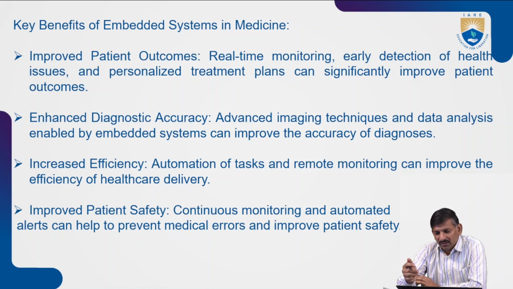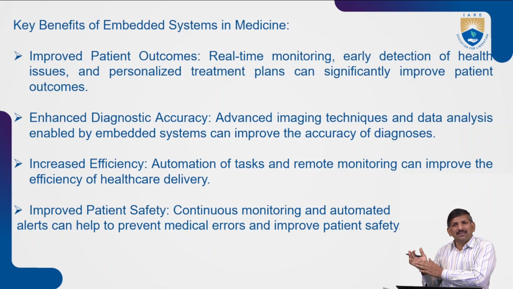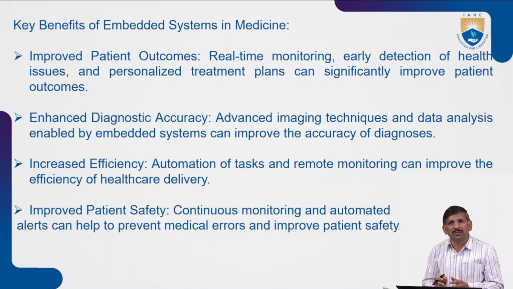And the early detection of health issues, any brain tumor, any cancer issues, any dengue fevers. Before the disease spreads to the entire body, I can identify it a little bit early by using the scannings.